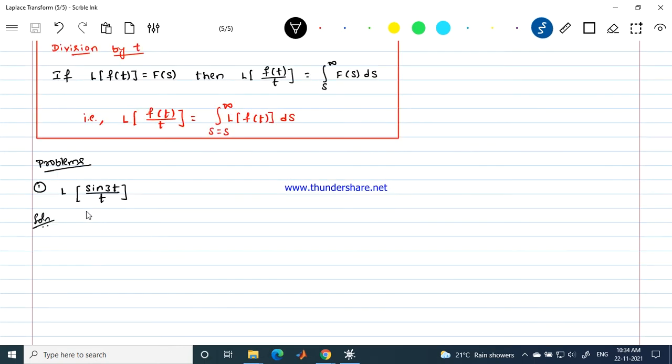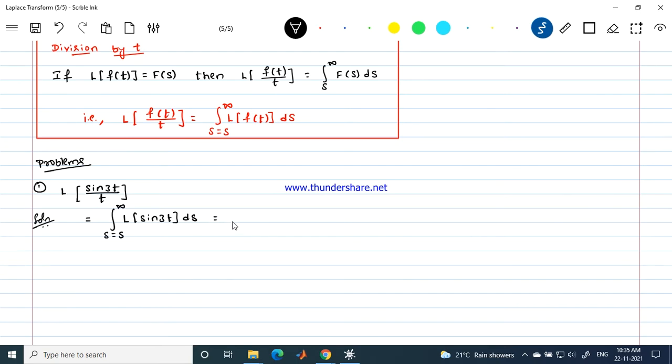In this problem, we have the Laplace transform of some function of t divided by t. So according to this formula, this becomes the Laplace of sine 3t. I should integrate this with respect to s from s to infinity.